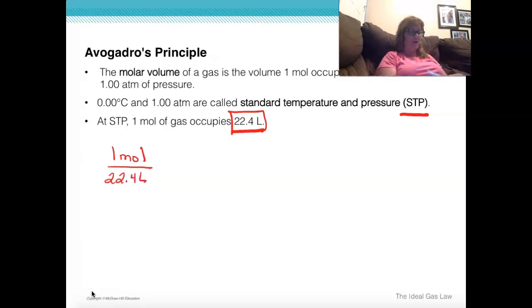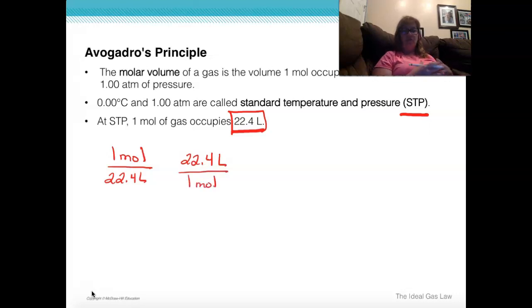And remember, likewise, a conversion factor can be the reciprocal, right? 22.4 liters is the same as 1 mole. And so now with this relationship, if our gases are at standard temperature and pressure, we can determine how many moles we have if we know the liters, or how many liters we have if we know the moles.